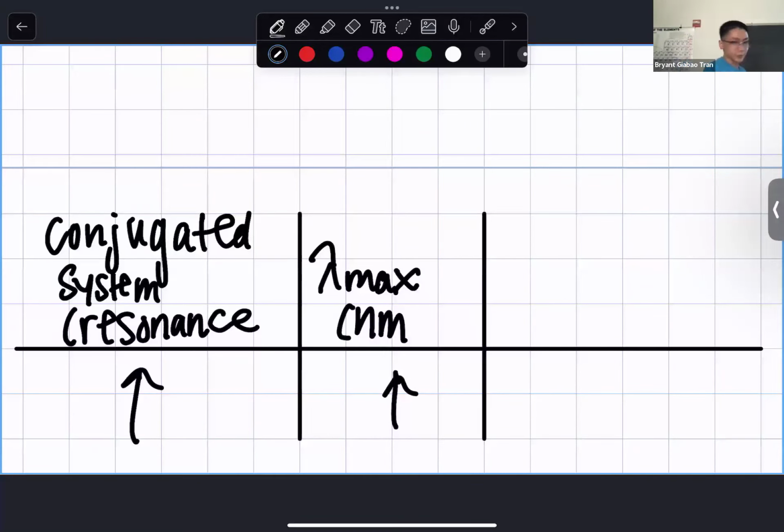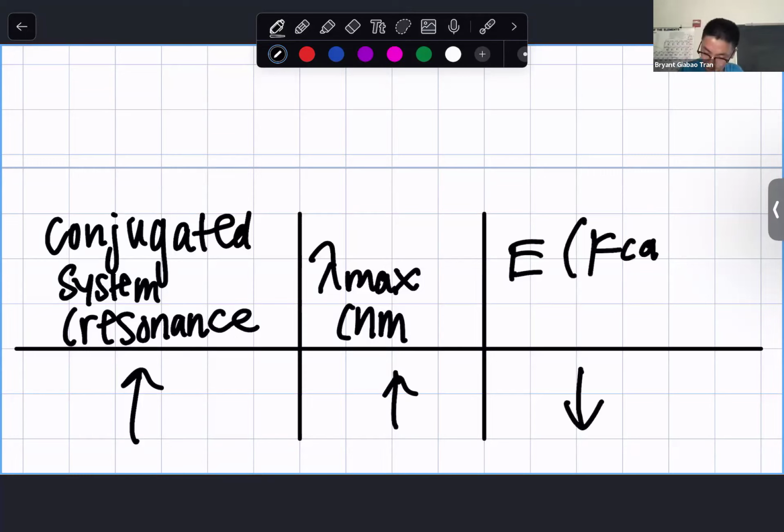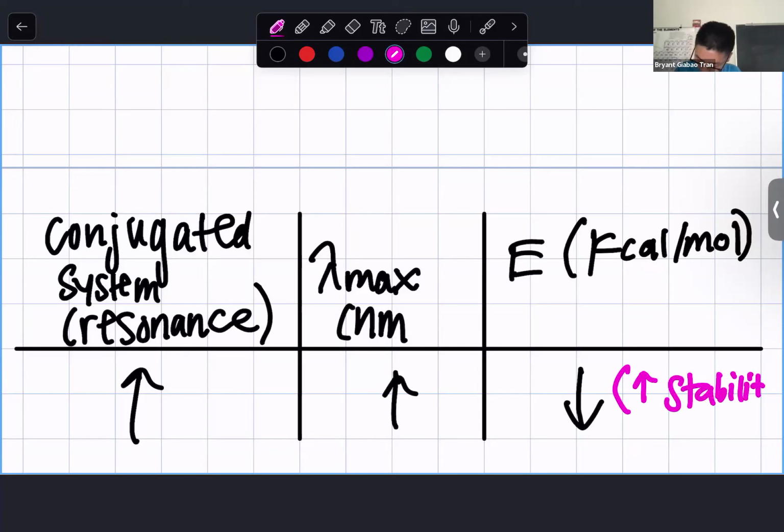And what does that mean about the energy? Is it going to increase or decrease? Yeah, it's going to decrease. They are inversely related. This also might help. That means that since energy is decreasing, we are increasing stability.